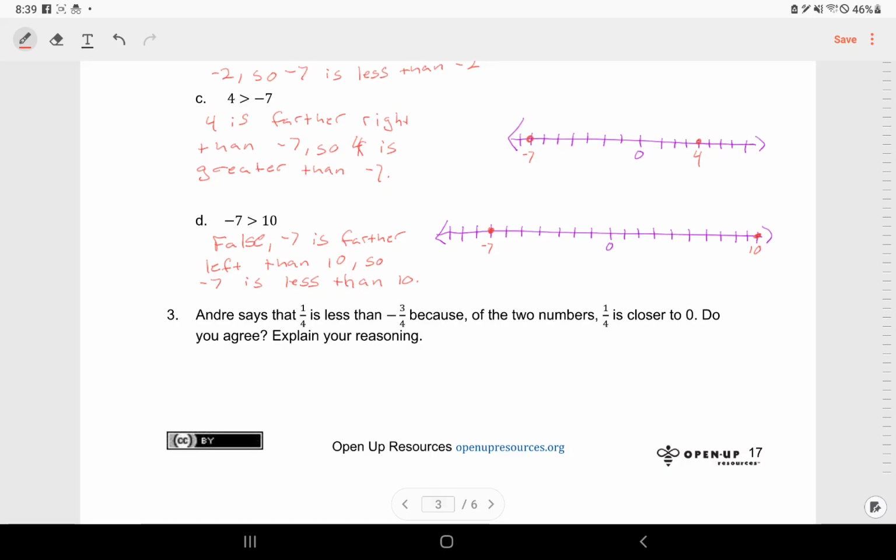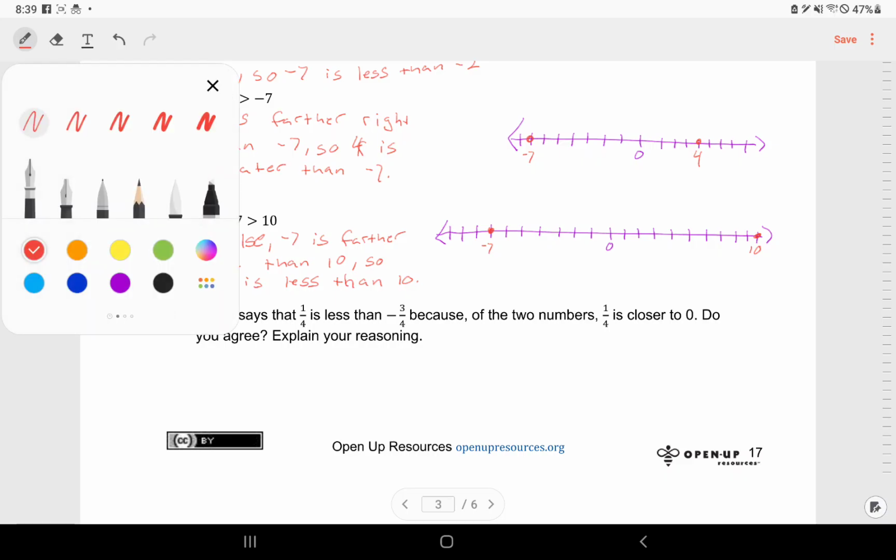Alright. For number 3, Andre says that 1/4 is less than negative 3/4 because of the two numbers 1/4 is closer to 0. Do you agree? Explain your reasoning. Well, again, let's draw a number line.